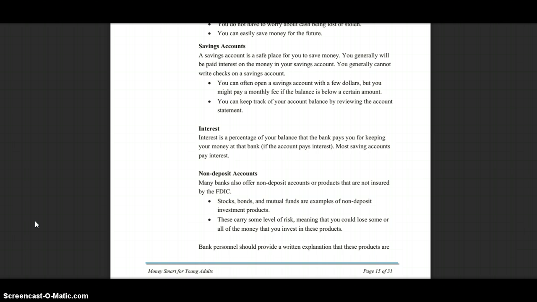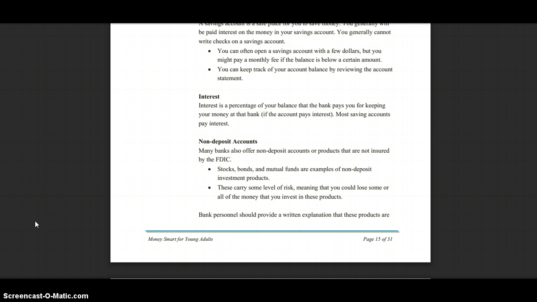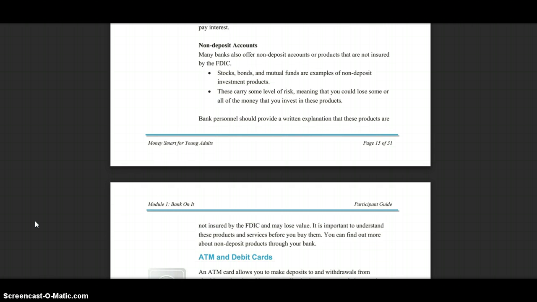Bank personnel should provide a written explanation that these products are not insured by the FDIC and may lose value. It is important to understand these products and services before you buy them. You can find out more about non-deposit products through your bank.